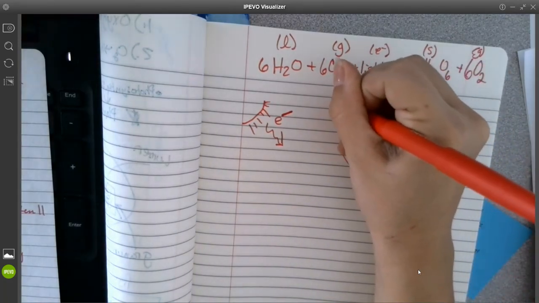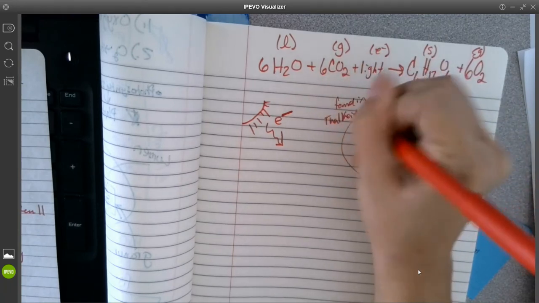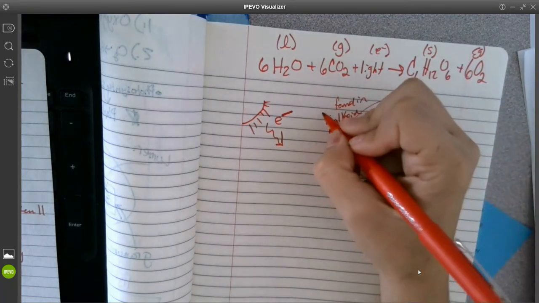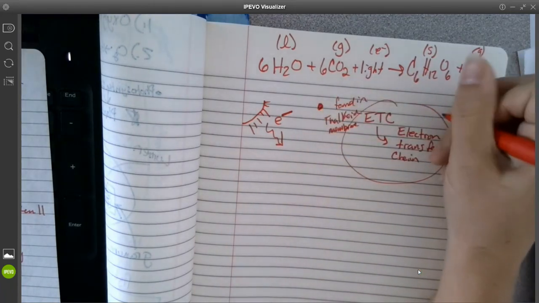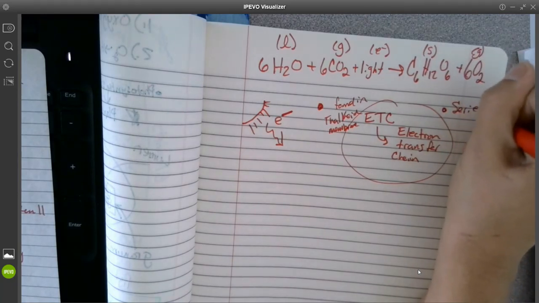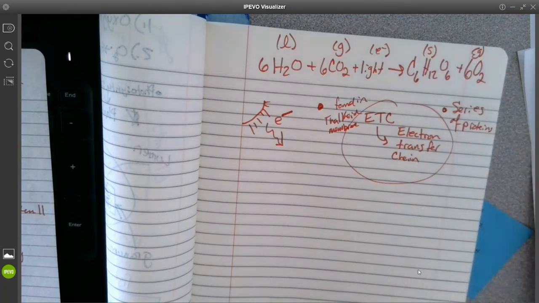So, found in thylakoid membrane. And it will have a series of proteins. Now, the proteins are important.